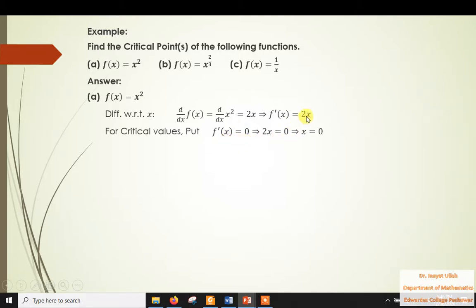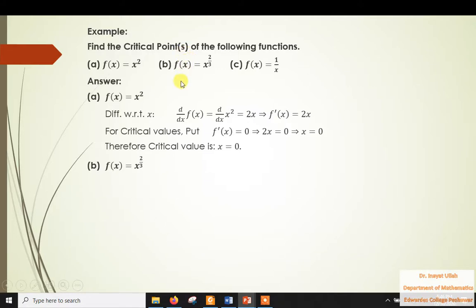So it means that we need to put 2x equal to 0, dividing both sides by 2 to get x equal to 0. So x equal to 0 is the critical value of this function x square. It means that at x equal to 0, if you draw tangent upon this function where x equal to 0, so that tangent will be parallel to the x-axis.